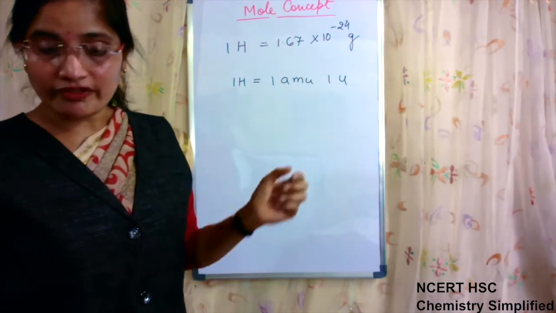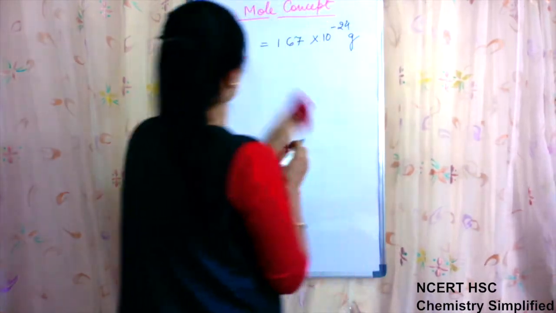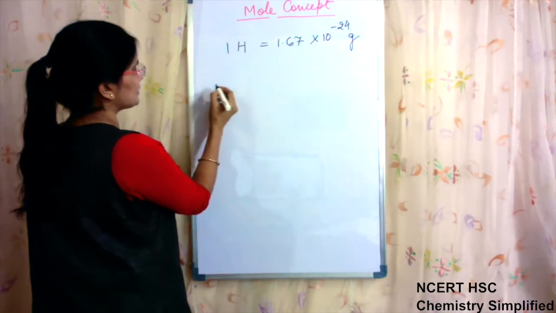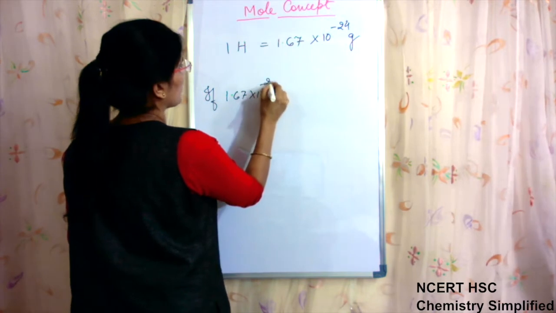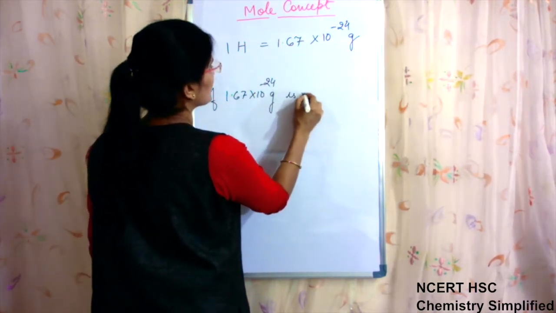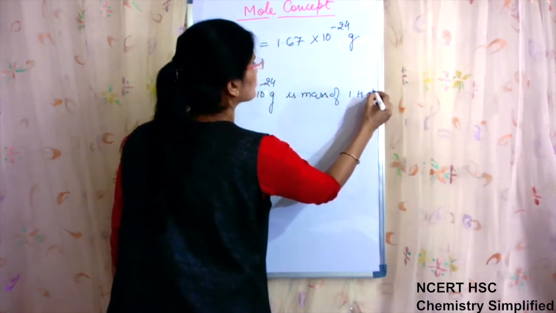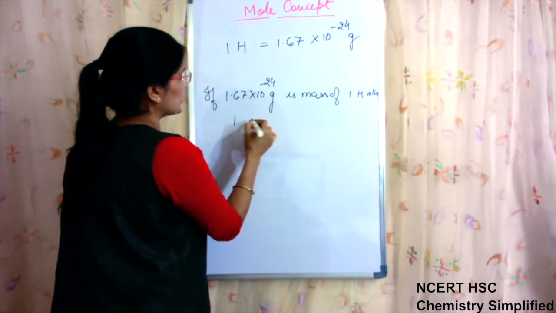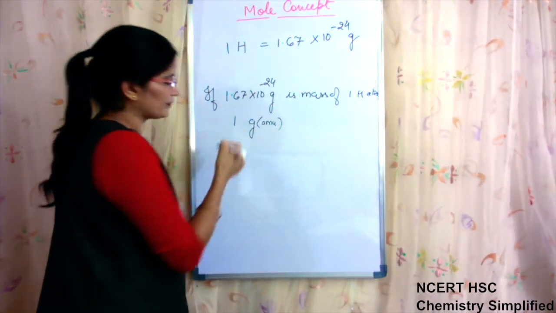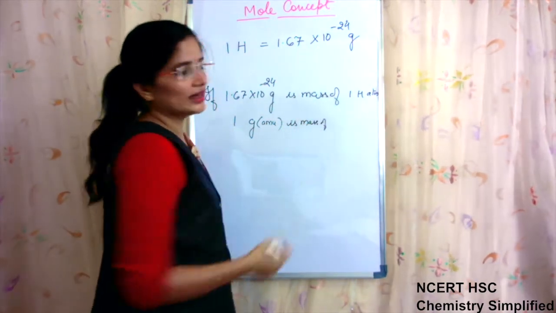So to find out the actual number of hydrogen atoms, we will use the unitary method. According to the unitary method, we will write: if 1.67 into 10 to the power minus 24 grams is the mass of one hydrogen atom, then 1 gram, which you write as 1 AMU, is the mass of how many hydrogen atoms?